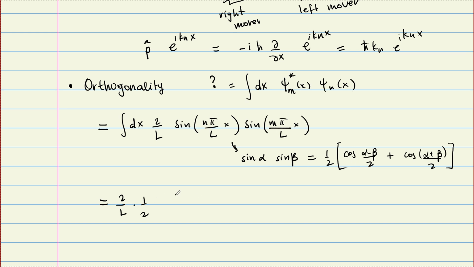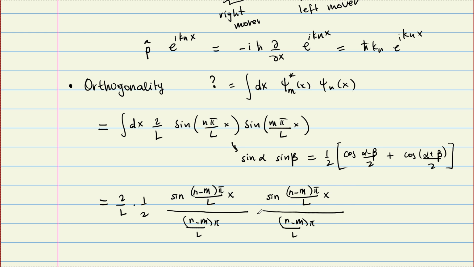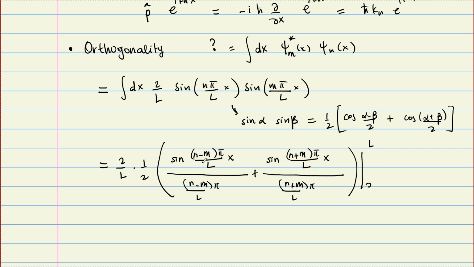The integral of cosine is sine, so this is sine of (n minus m) pi over L x, divided by (n minus m) pi over L, and the same thing plus, with the boundaries from 0 to L. If I put x equal to L, this is sine of (n minus m) pi, which is 0.